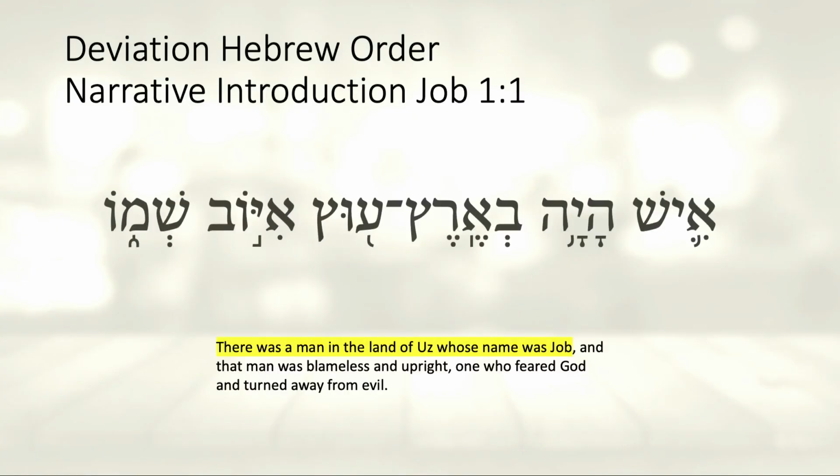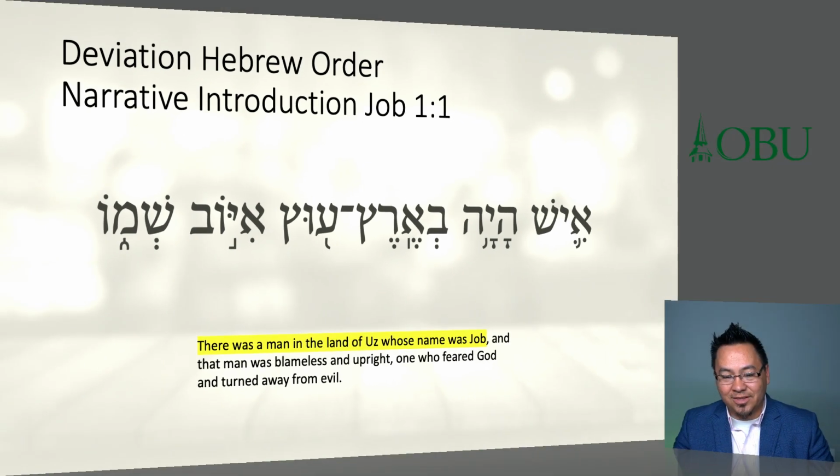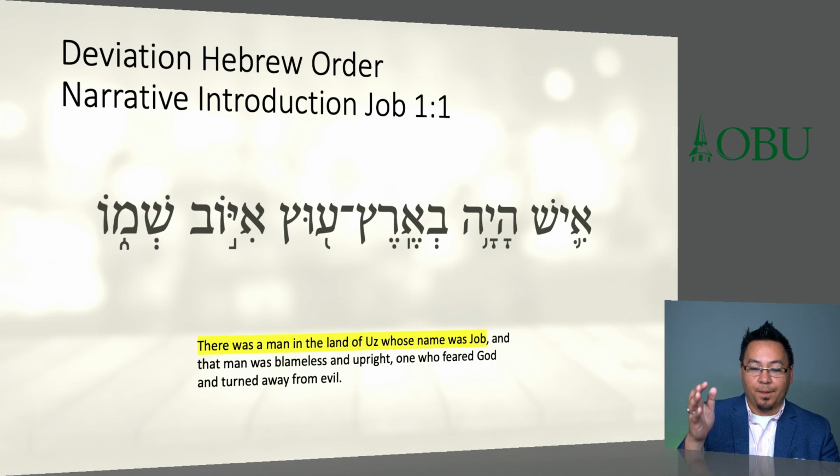Let's look at an example here before us. Job chapter 1, verse 1. Ish hayah be'eretz Uz, Iyov shmo. Literally, this is: man lived in the land of Uz, Job was his name.